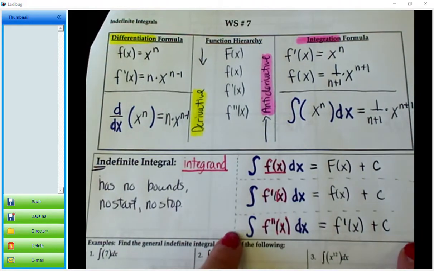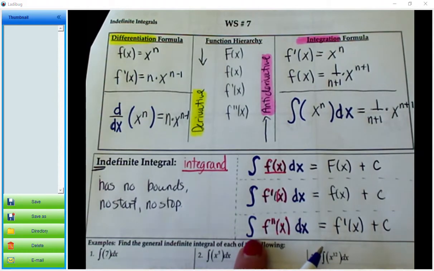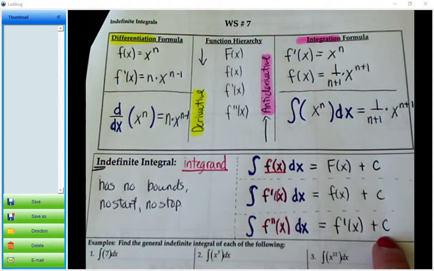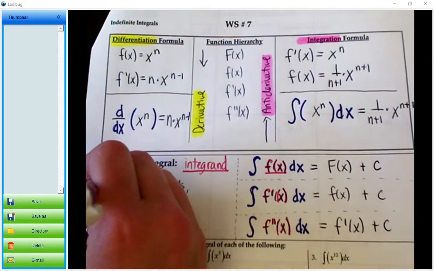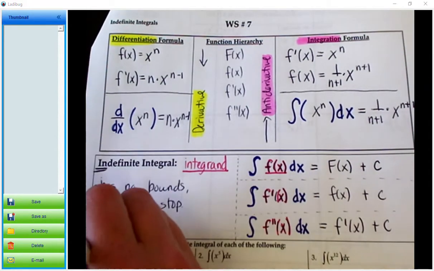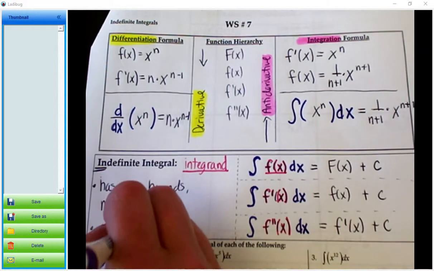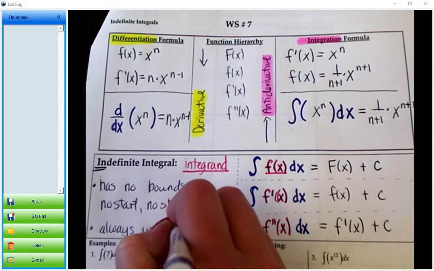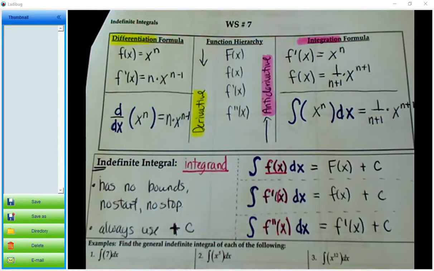There is no area because there is no specific spot on the graph I'm talking about. This is a general statement. I don't know where that graph is. That's where the plus c comes in. Always, right? No bounds, no start, no stop. Always use the plus c. You have to use the constant. It's the general solution here. There are no numbers to tell you where to put it.